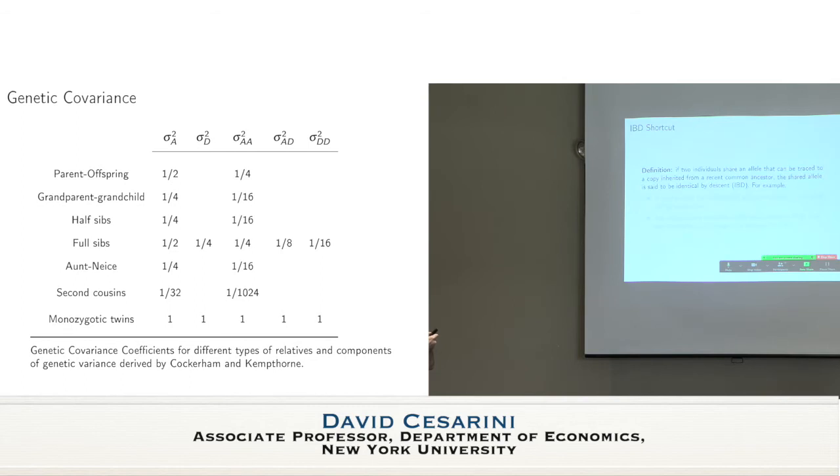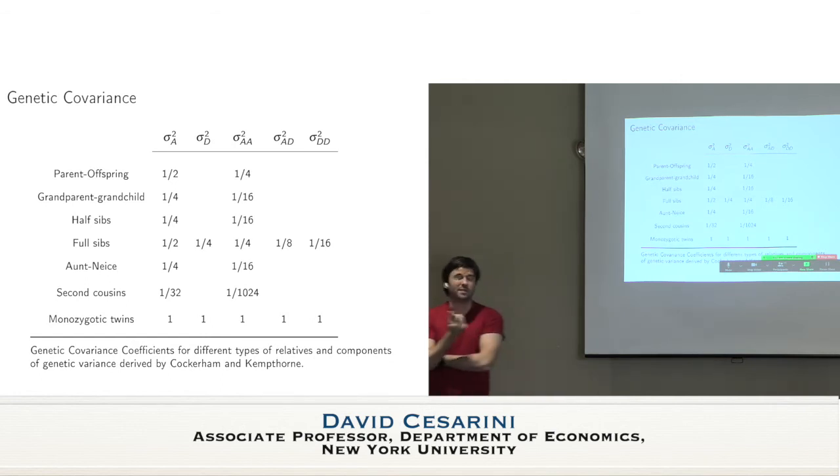Some of these numbers you derive in the problem set with brute force or statistics, and it turns out that there's a shortcut. The formula that Kempthorne derived, you just plug in some relationship coefficients, and you get the covariance between the specific type of relatives that you're interested in.